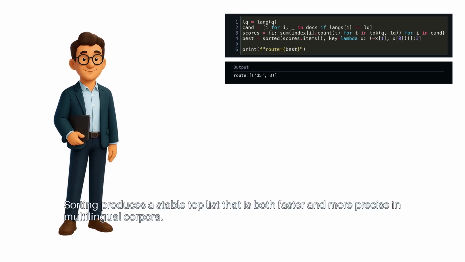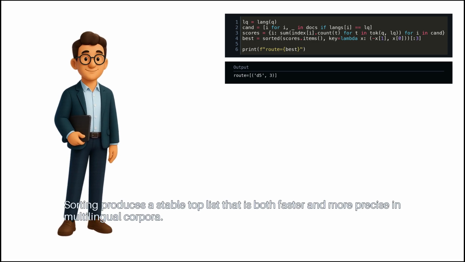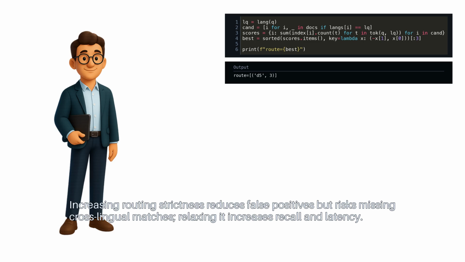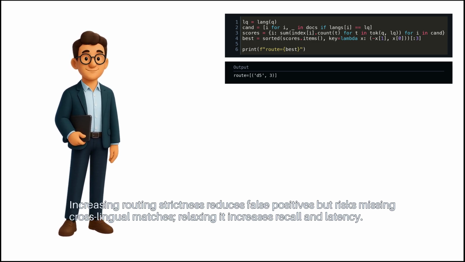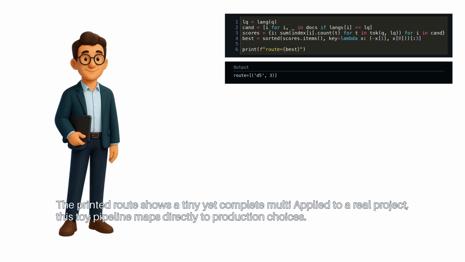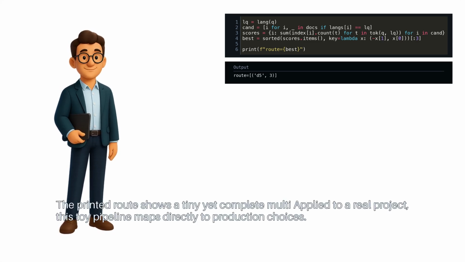Sorting produces a stable top list that is both faster and more precise in multilingual corpora. Increasing routing strictness reduces false positives, but risks missing cross-lingual matches. Relaxing it increases recall and latency. The printed route shows a tiny yet complete multilingual pipeline.